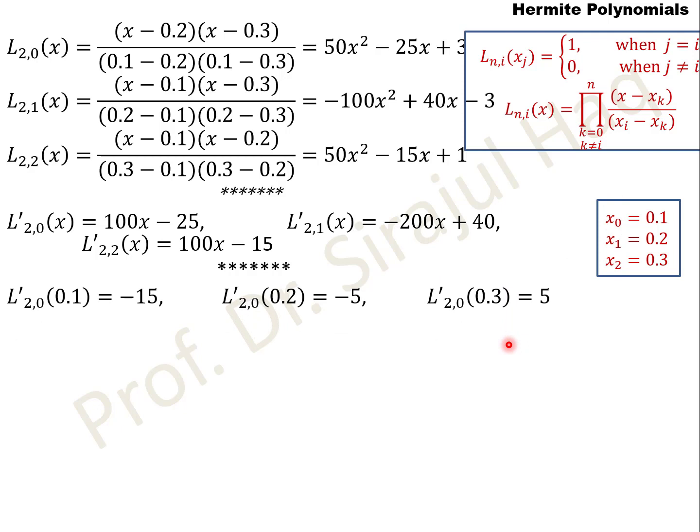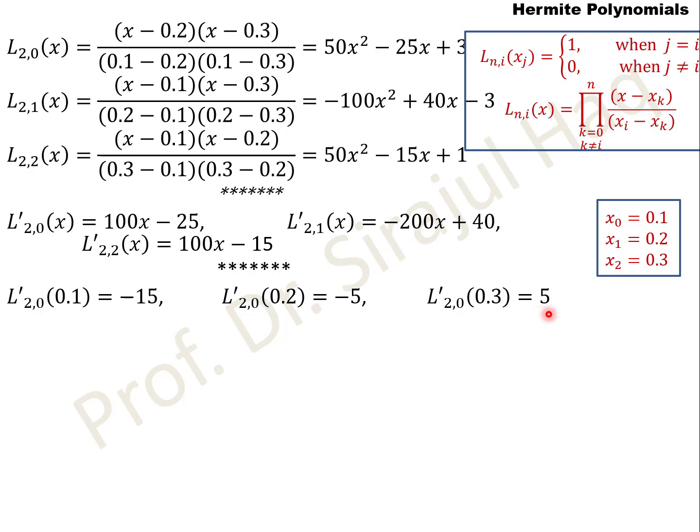For this purpose, let's find out the values of these coefficients at the data points. Replace x by x naught, which is 0.1. We are getting minus 50. Replace x by x1, which is 0.2. We are getting minus 5. Replace x by x2, which is 0.3.